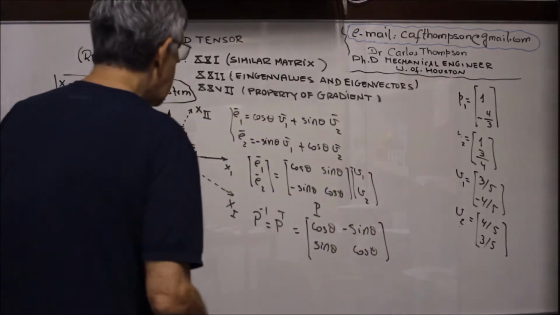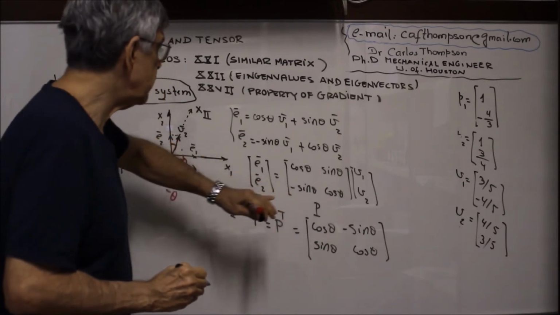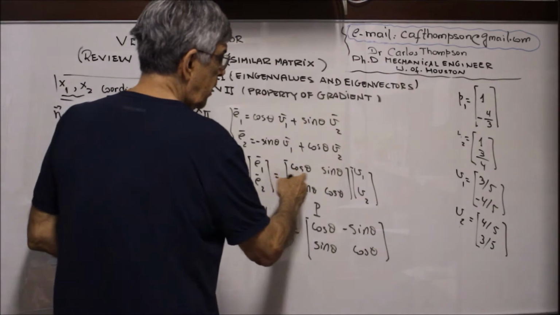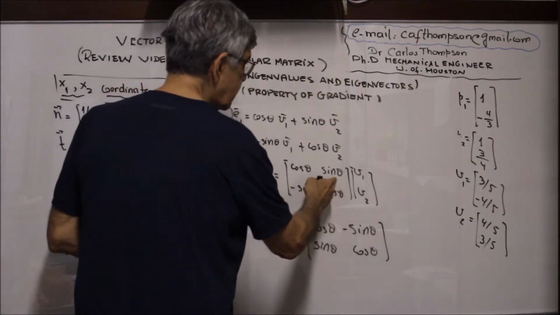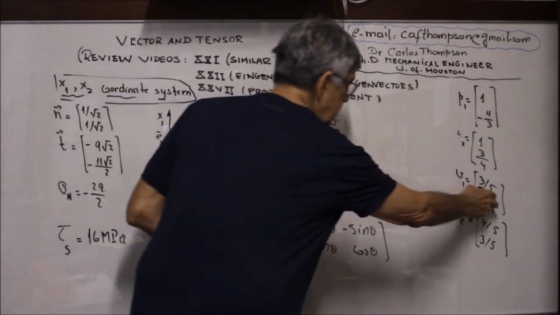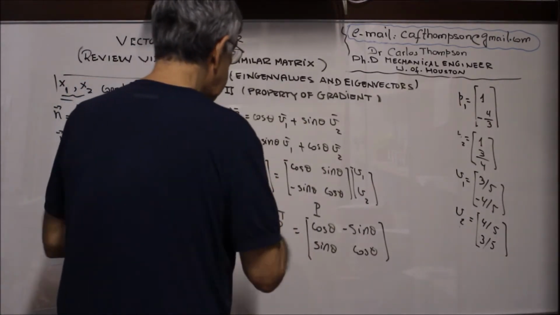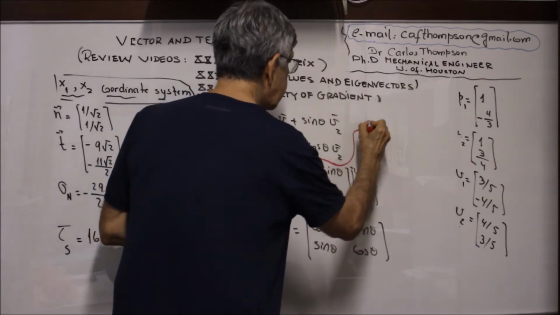Now we can see clearly that for V1, 3 divided by 5 is cosine, this is sine in this case, and this is minus here. So the P matrix, I can write like that.